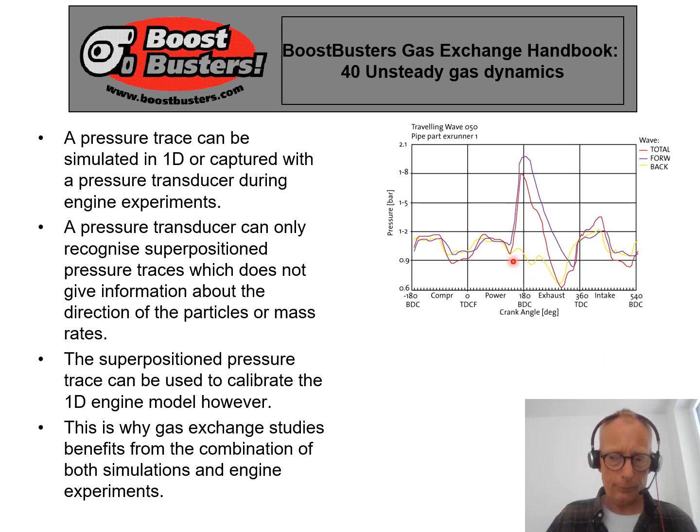But having experimental data available, it's possible to calibrate the total pressure trace and calibrate the simulation model, and then do the drill down in the simulation software to have a better understanding in what direction we are impacting the mass rate of the engine. So this is a very good example why simulation and engine test experiments need to be done simultaneously to obtain the best possible results.